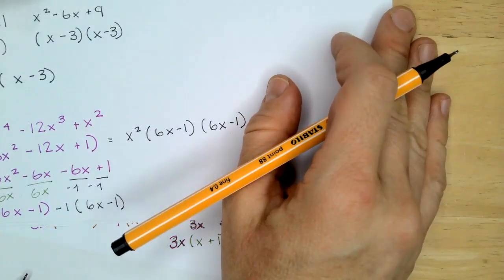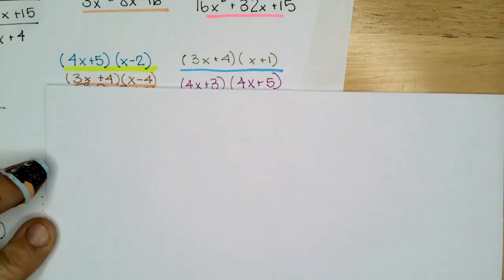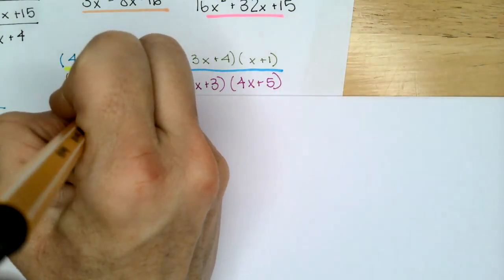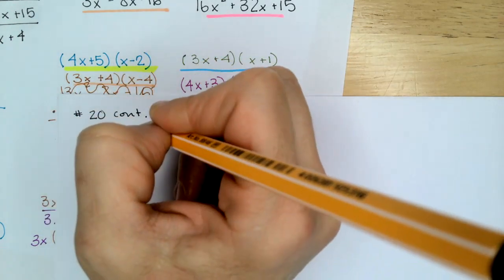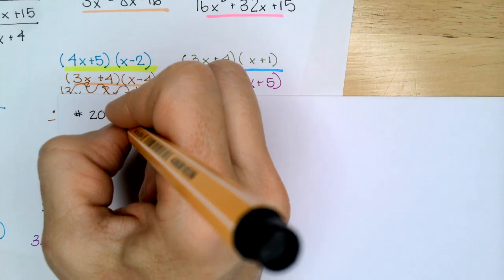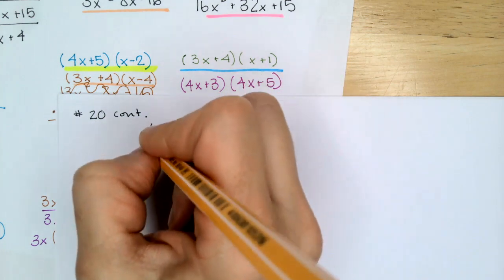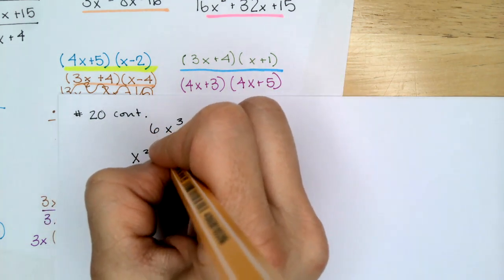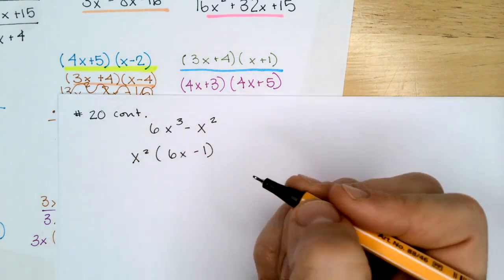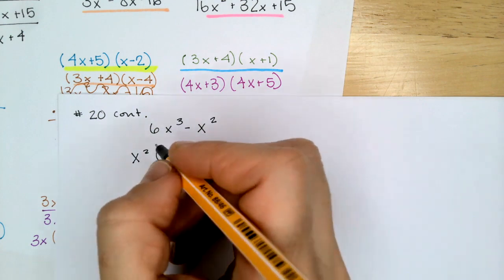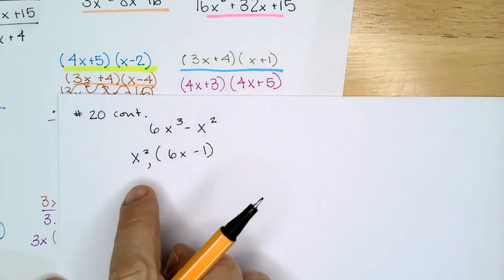The second part is 6x cubed minus x squared, so I can factor out an x squared and I get 6x minus 1. And then x squared is just x squared. So my list of factors from both pages would be that one and that one. Those are the only two.